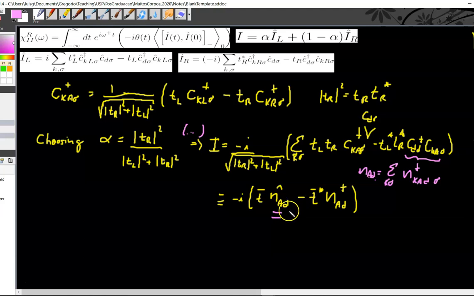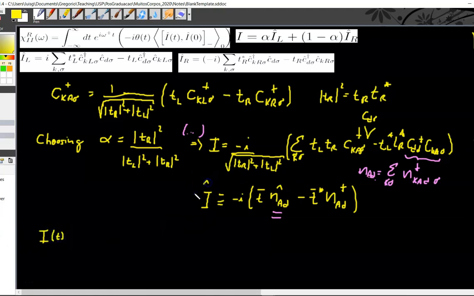So the current only depends on this combination of operators, which makes it easier for us to calculate things in the Heisenberg picture.